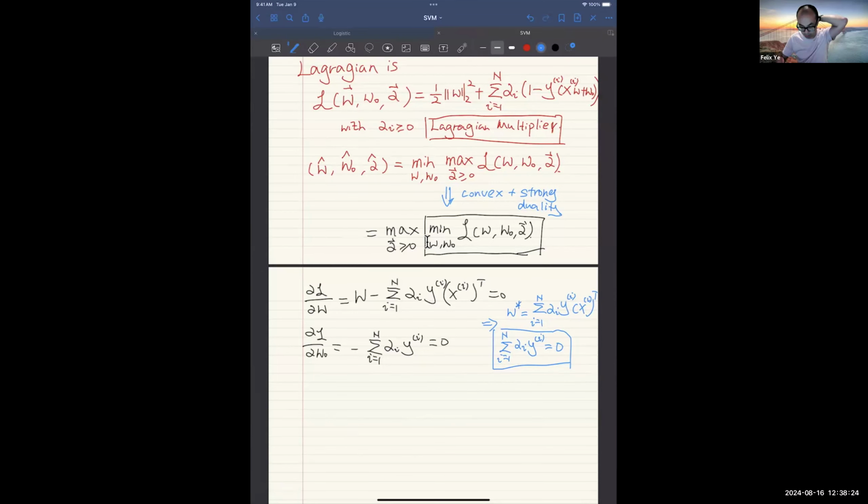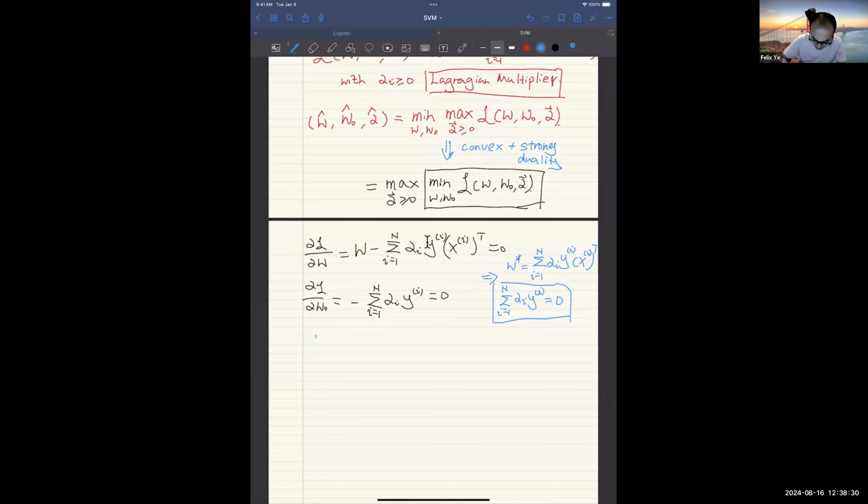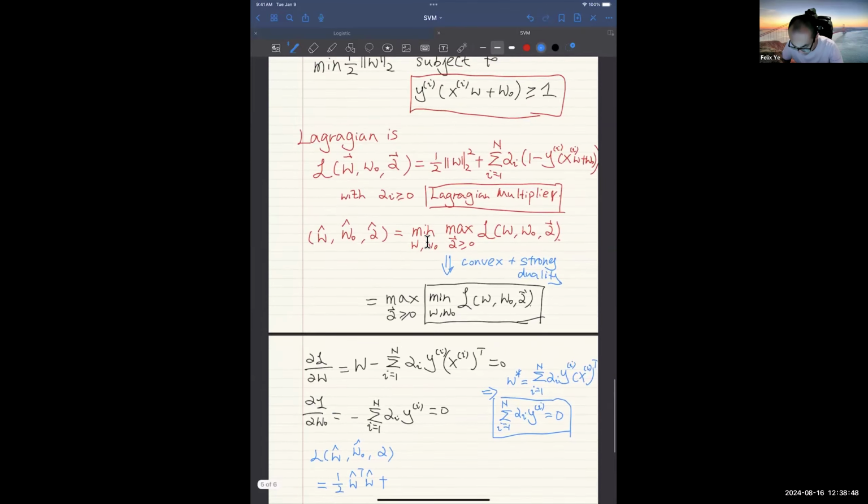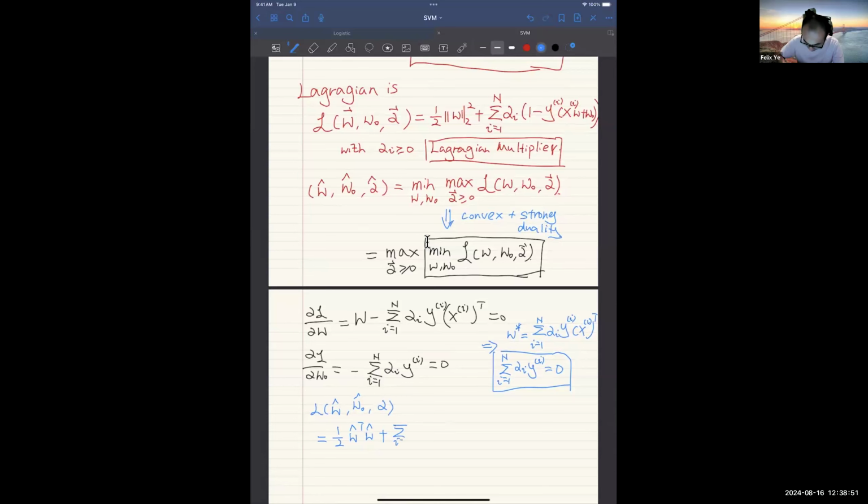Then we plug back into the Lagrangian. So it becomes the following. We have W hat, W0 hat, and alpha here. This is equal to 1/2 W hat transpose W hat plus the summation from i from 1 to n of alpha i, and subtract the terms we already have here, plugging in W hat.